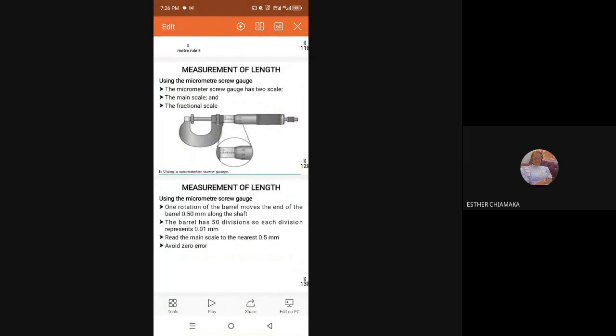Okay, you divide by 10. So if you divide 0.01 by 10, what do you have?